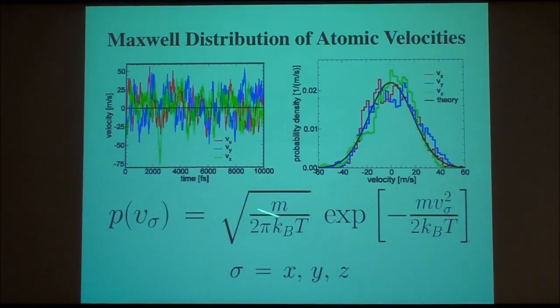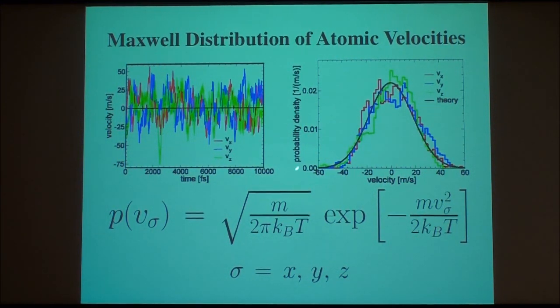So, I talked about the velocity. Again, we want to start the simulation. We have initial coordinates for the molecular system, but we also need a set of initial velocities. And this we can do very nicely based on the Maxwell-Boltzmann distribution of atomic velocity that we know. It depends on the temperature.